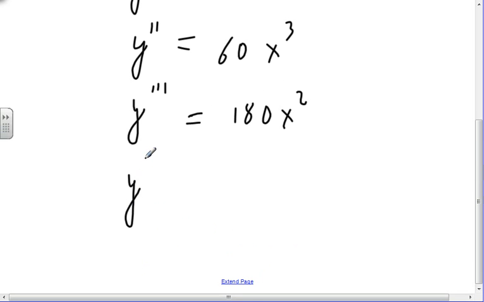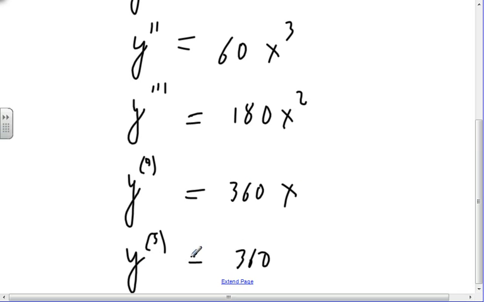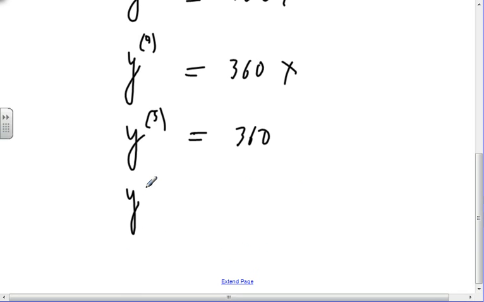I could have the 4th derivative 360x, the 5th derivative 360, the 6th derivative 0. And from there on, the 7th derivative would be 0, the 8th derivative would be 0, all the rest of them would be 0. So I'm not limited in taking derivatives of just the function. I can continue taking the derivative on and on and on until I run out of derivatives to take.